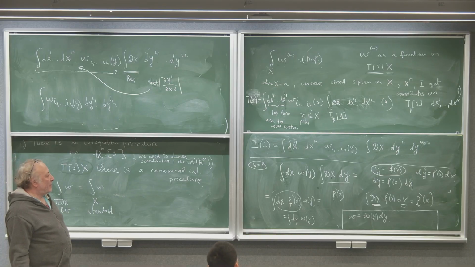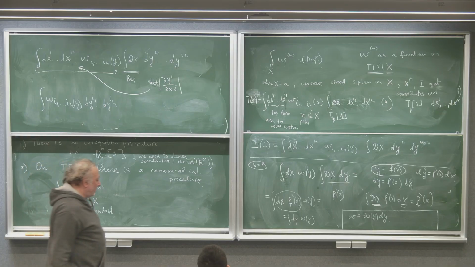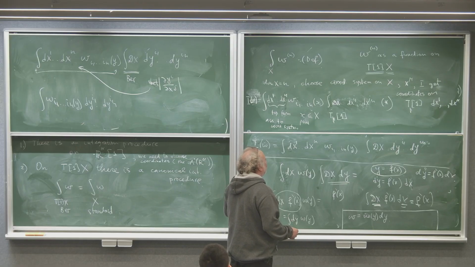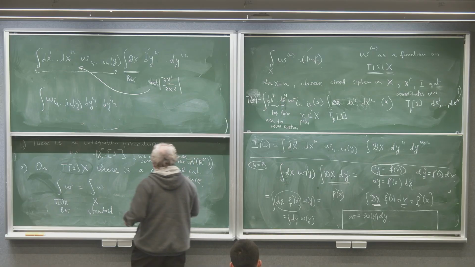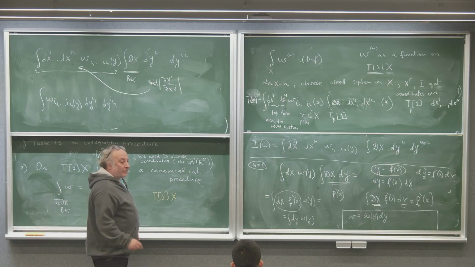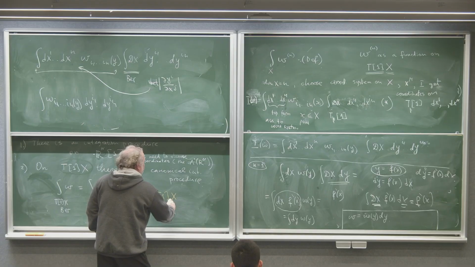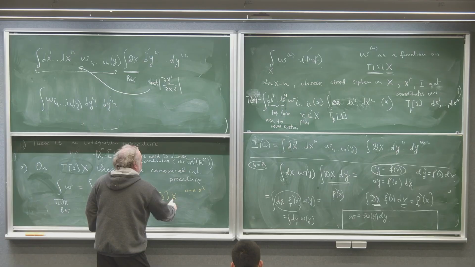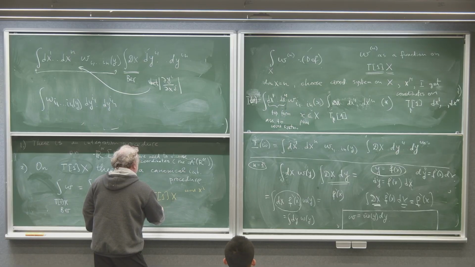Yes? I'm a little bit confused about this y and x coordinate. What's the role of these? So the rule was, if you have E1 of X, you pick up coordinates xi. With these coordinates xi, you know how to integrate in the Berezin way over the fiber.